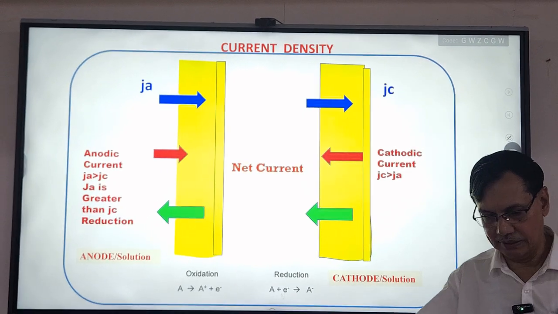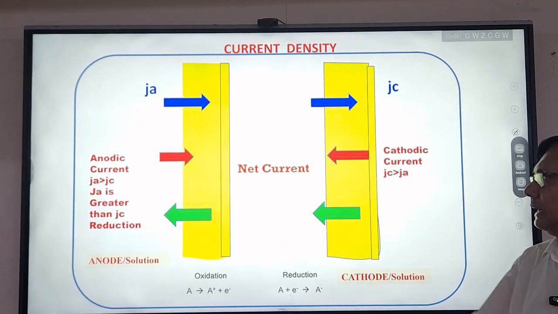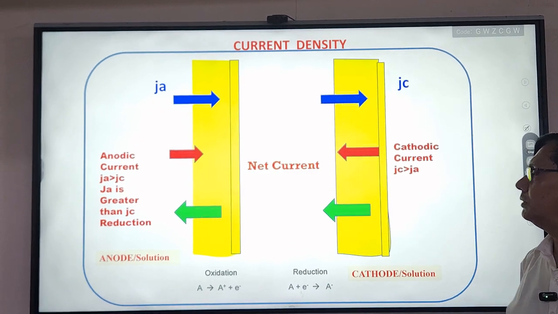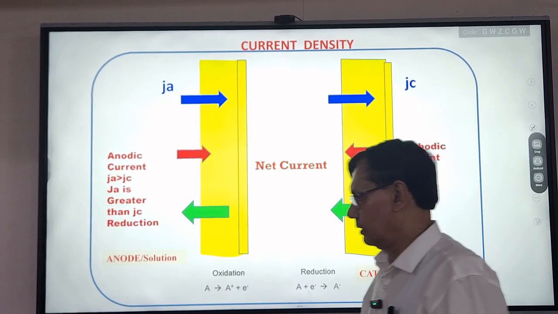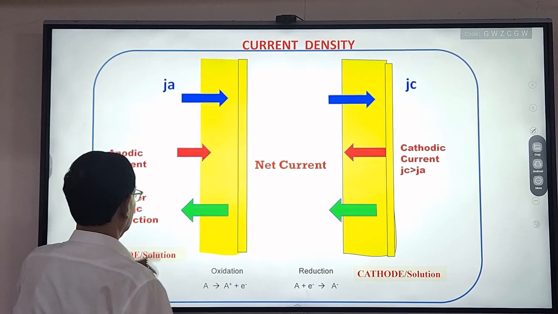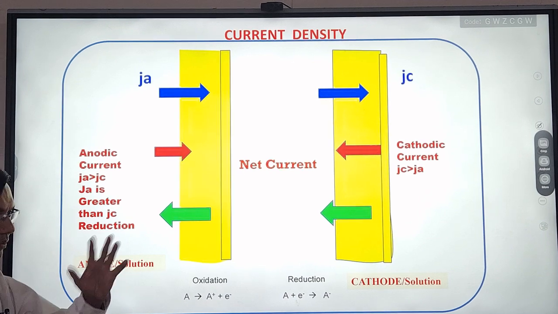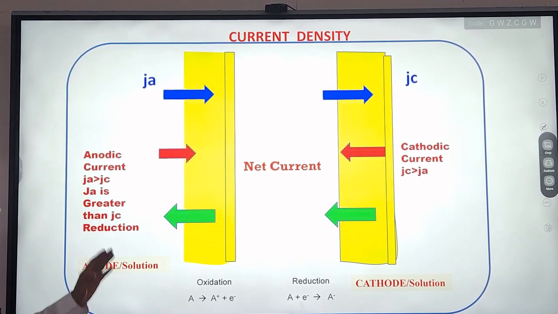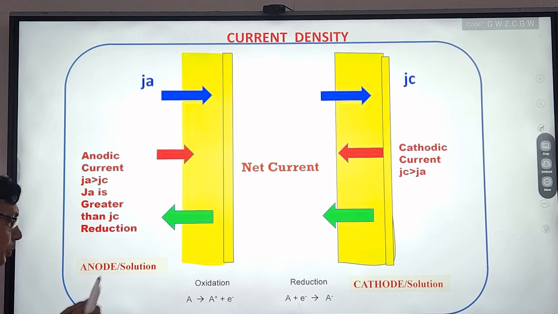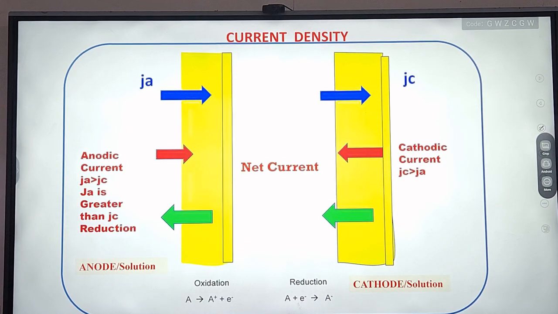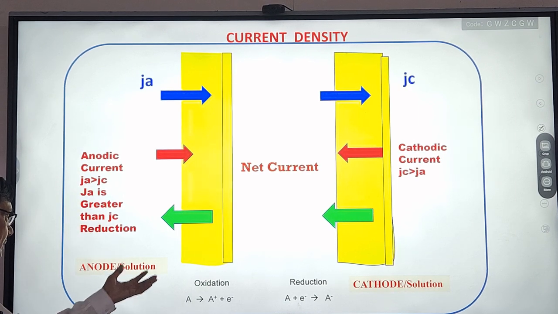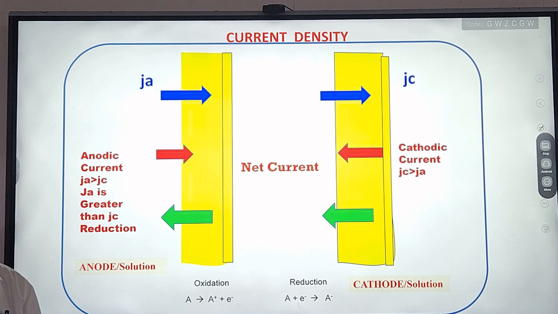And if I talk about a cell, there is an electrode, and you are right that there is a flow of charge or electrons, and naturally due to this migration of electrons, a current is developed. You all know that in the anode there is always oxidation, so that current is called the anodic current.